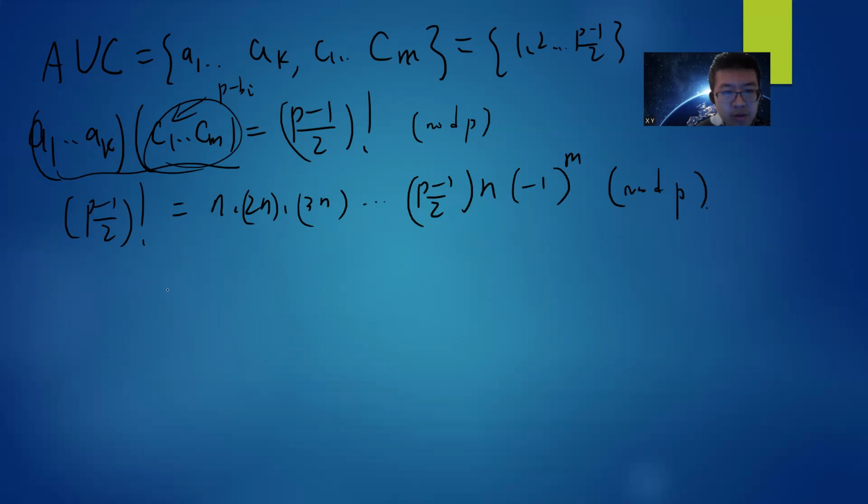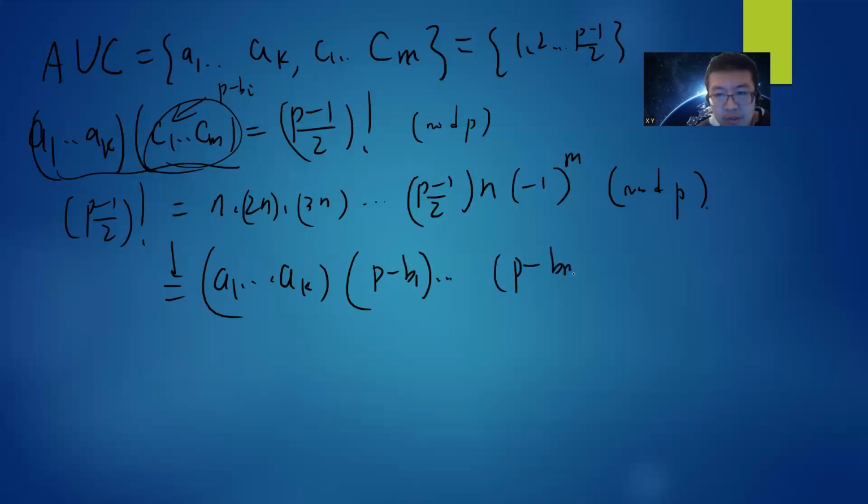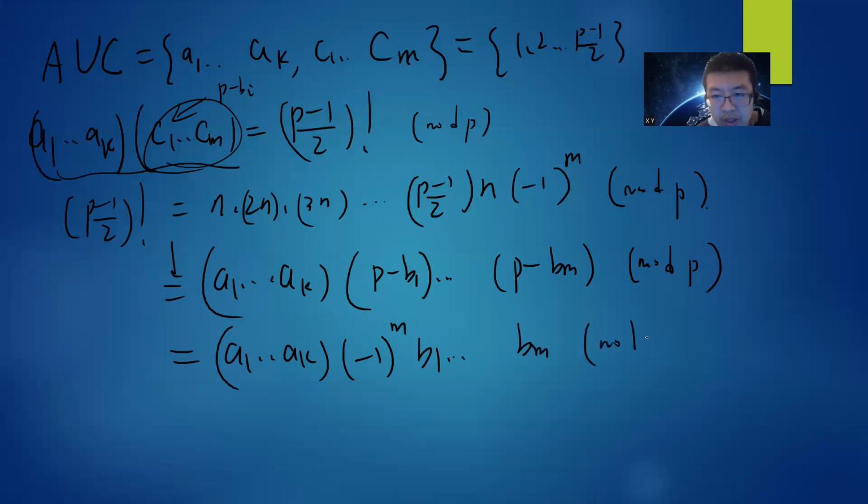Okay, or let me just write carefully so that you guys will not miss. Let's write p minus B1, up to p minus BM, right? So if I take mod p, then I get A1 up to AK times minus 1 to the m, B1 up to BM, mod p.